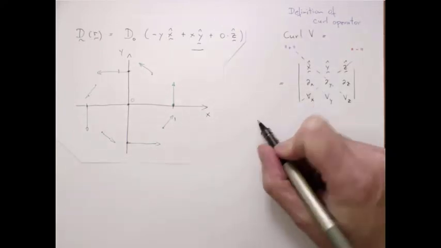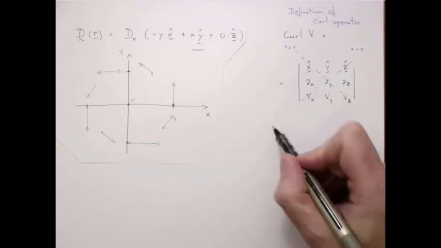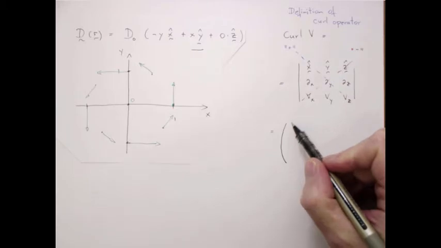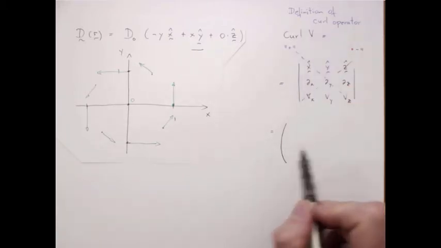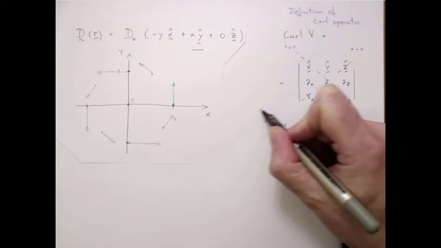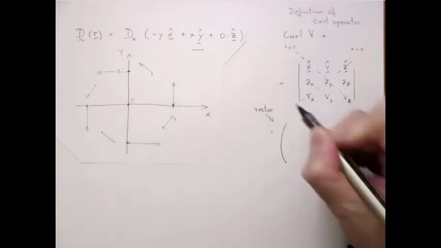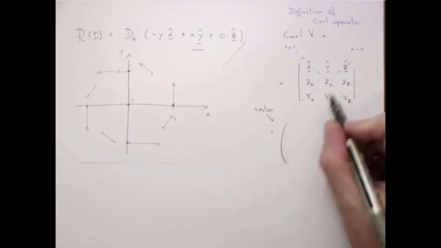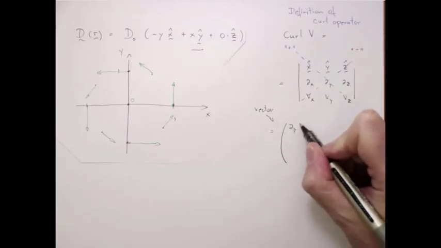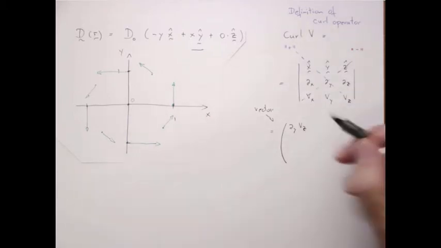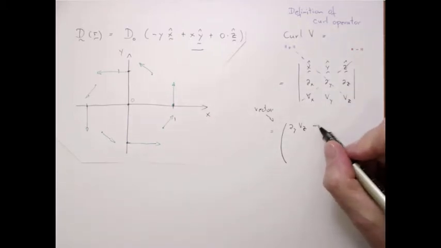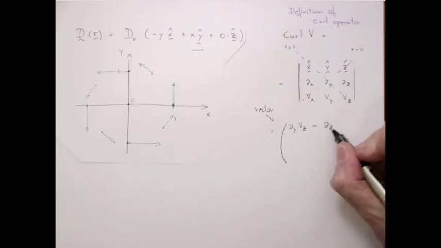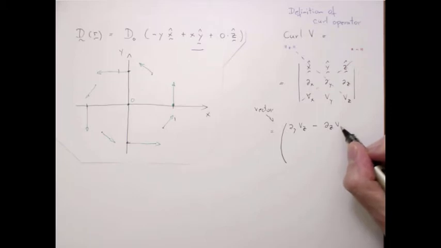So we get the following terms. For the x component of the result, so the curl of a vector field gives us another vector, the x component of that vector will have a positive dy of the z component of the original vector. And then we have a minus, whereby we are differentiating the y component with respect to z.